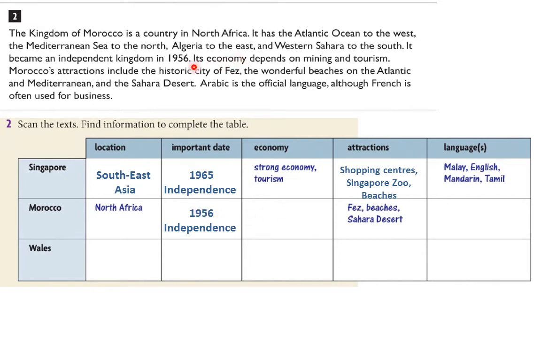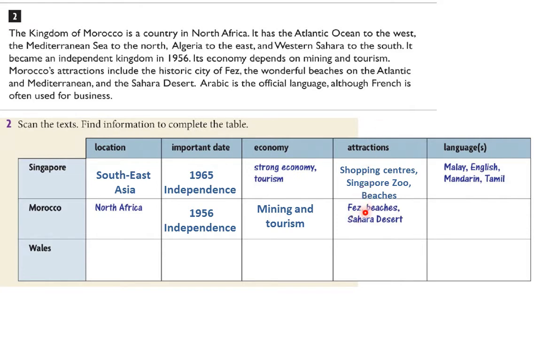Regarding the economy, we found economy here by scanning. So let us read this sentence together. Its economy depends on mining and tourism. So the sources of economy are mining, تعدين, and tourism, سياحة.